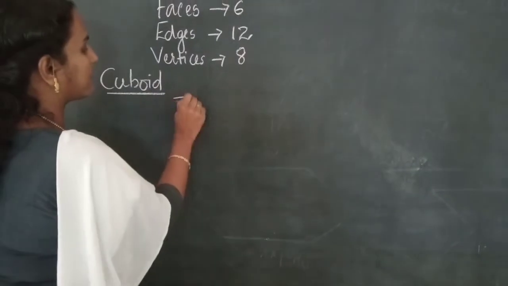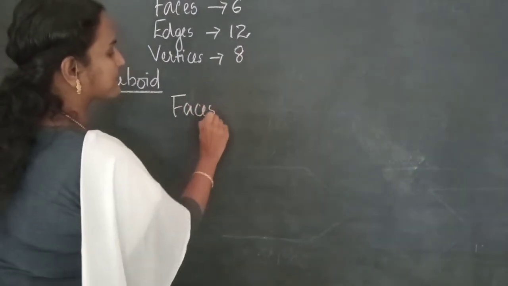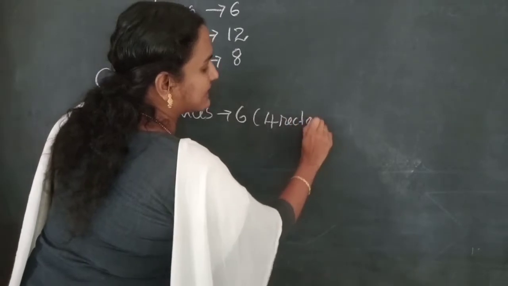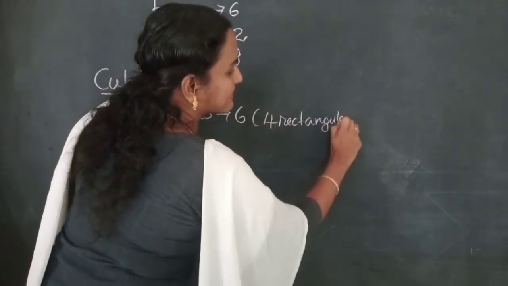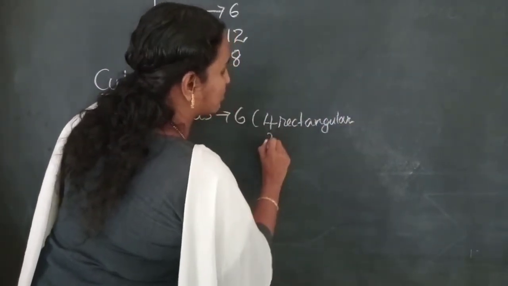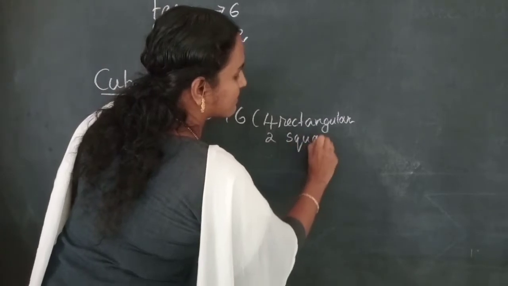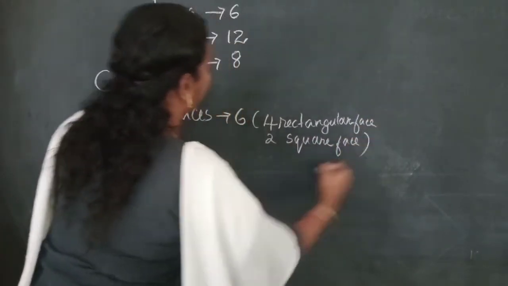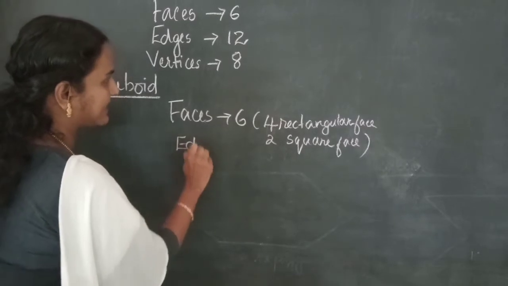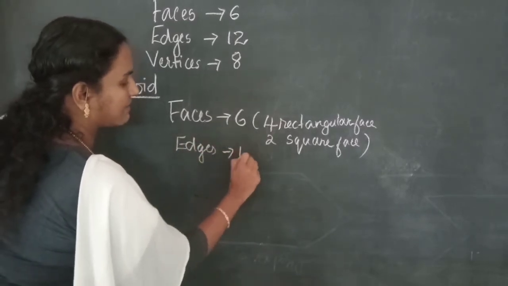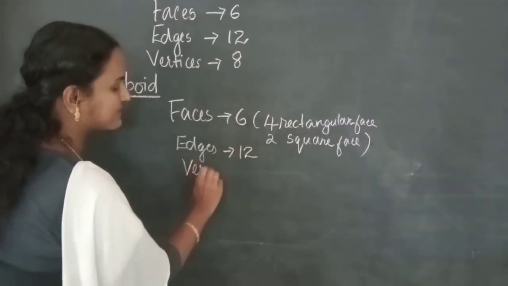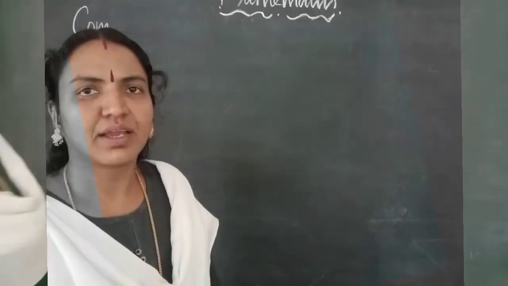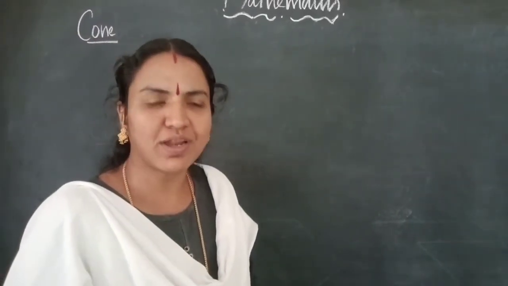So cuboid: faces 6, 4 rectangular and 2 square faces, edges 12, vertices 8.